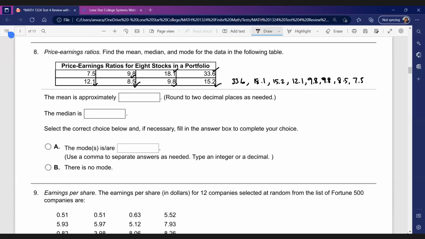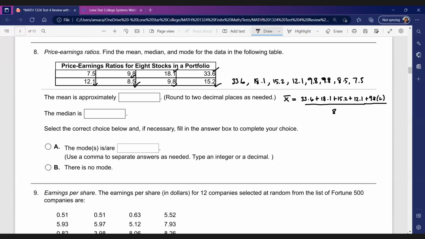I got them all. To find the mean, we find the sum divided by 8. So 33.6 plus 18.1 plus 15.2 plus 12.1 plus 9.8 times 2 of those.